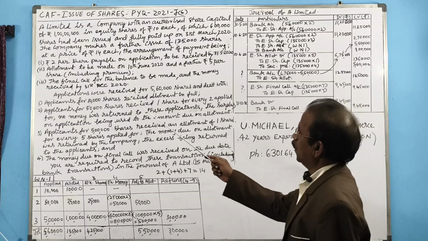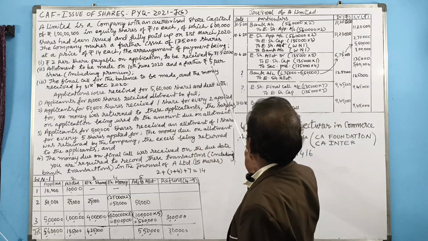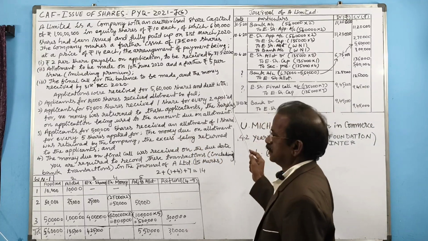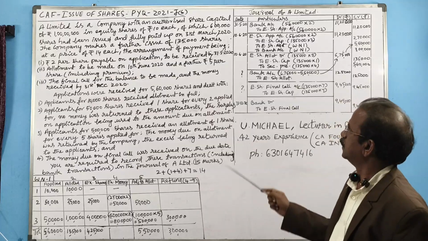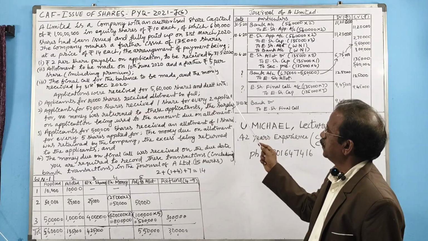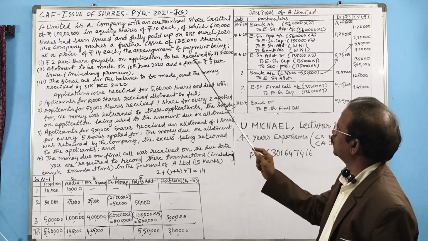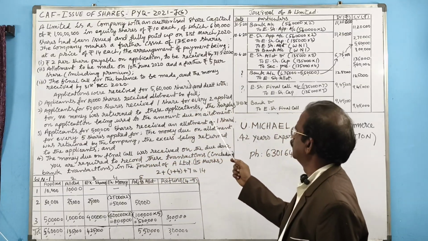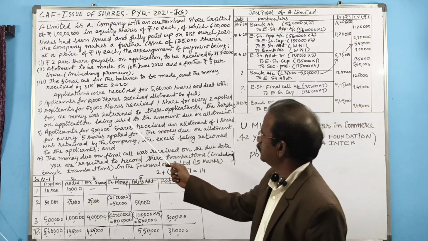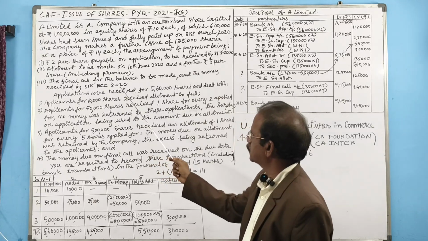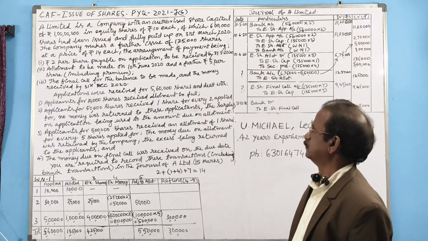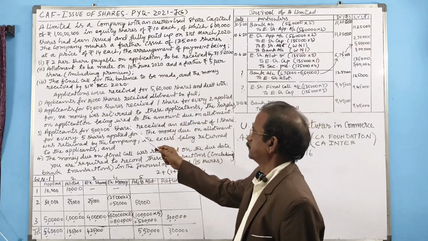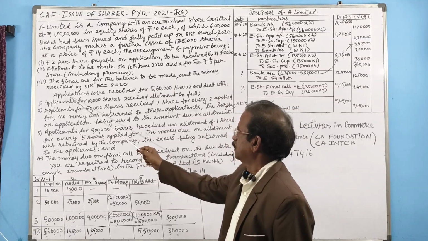It means on allotment they are collecting 5 rupees, and in this 5 rupees the premium is also included. The final call for the balance is to be made and the money received by 31st December 2020. Now, this is the proposal. Now, what happened actually?